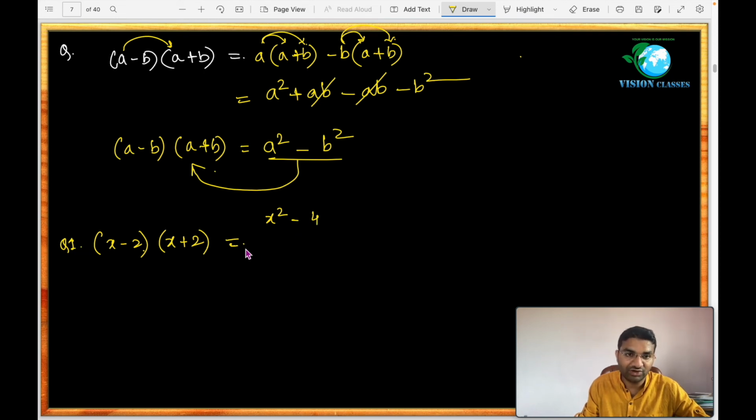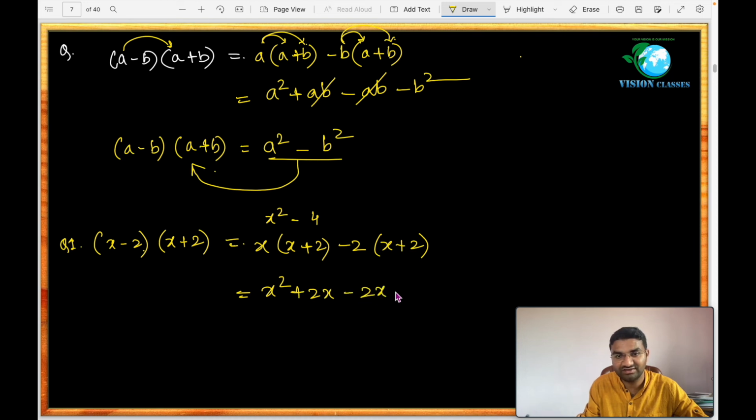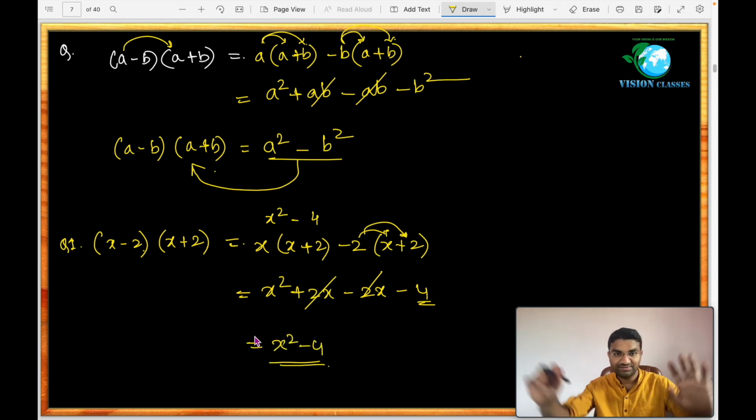We can check: x times (x + 2) − 2 (x + 2). x times x is x², plus 2x, minus 2x, minus 2 times 2, which is 4, so negative 4. The 2x and −2x cancel out and we get x² − 4. That's it.